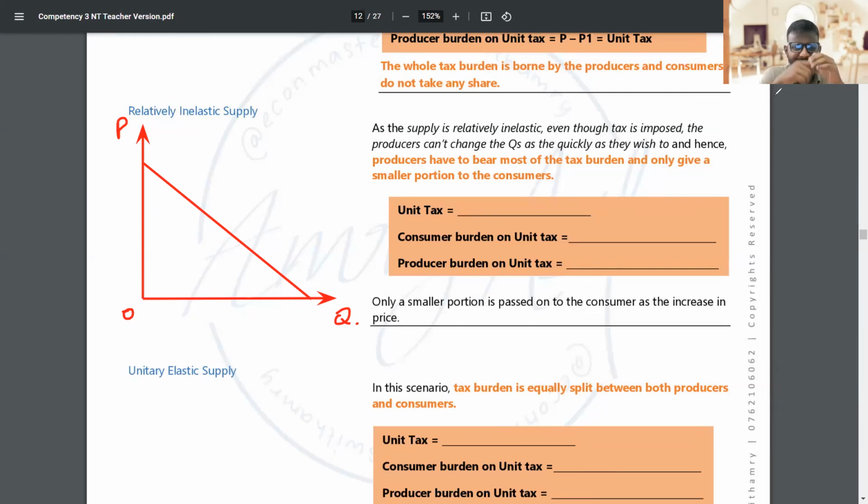That's good, Anjali. What Anjali has done is she has sent me what's called a forward slash. This one. That's pretty much the right description of an inelastic supply curve. The supply curve will start from the quantity axis and look something like this.